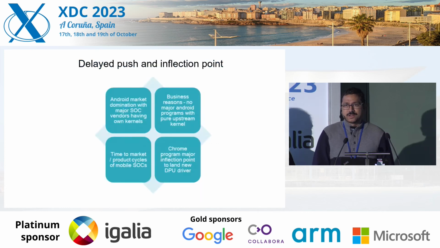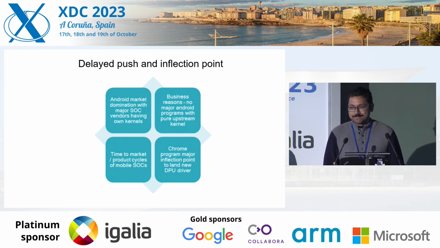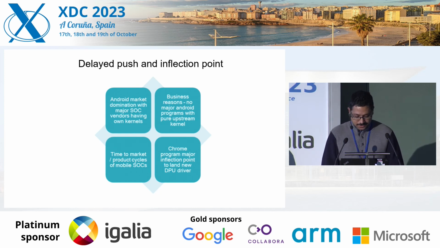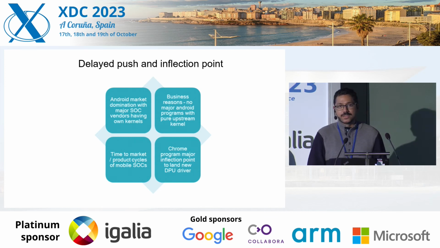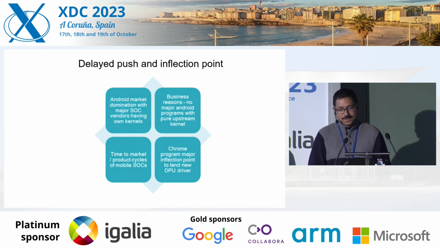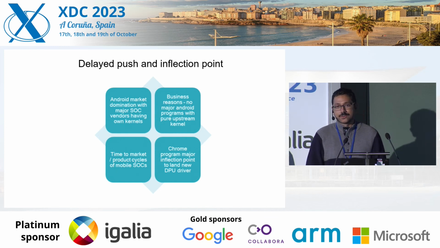Between 2013 and the Chrome program, why there was a bit of a delayed push from our side is mainly driven partly because there was a major Android domination of the smartphone market, with all the major SoC vendors going with their own kernels. Obviously that led to business reasons of not having any major Android programs with a pure upstream kernel.